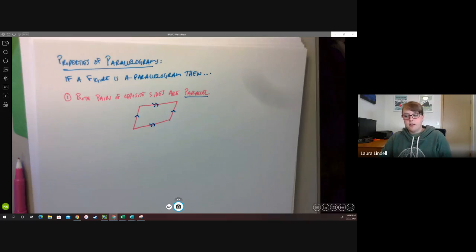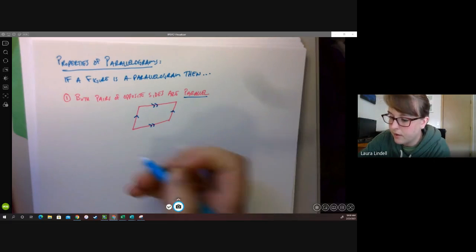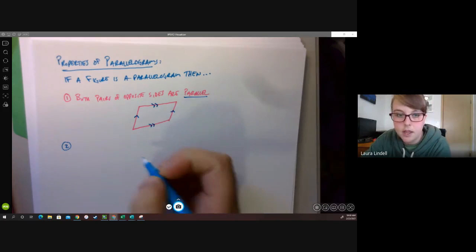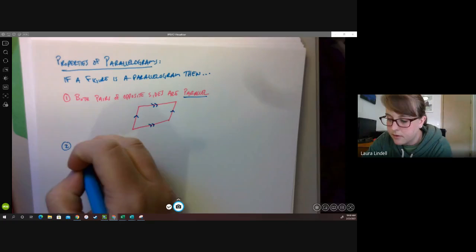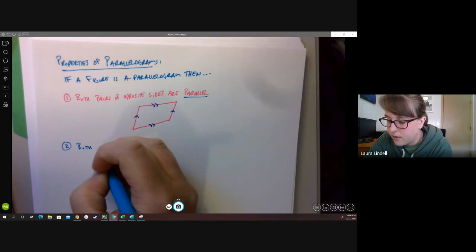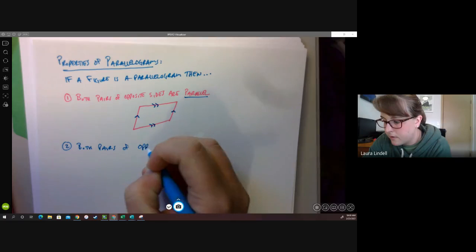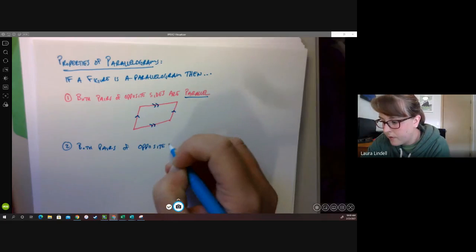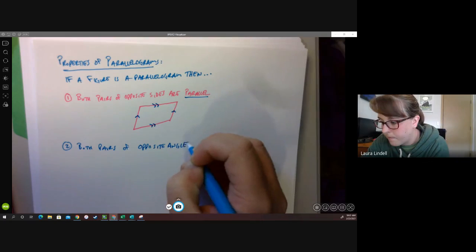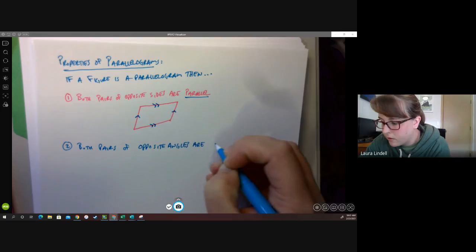So here we go. The second thing: both pairs of opposite angles are congruent.